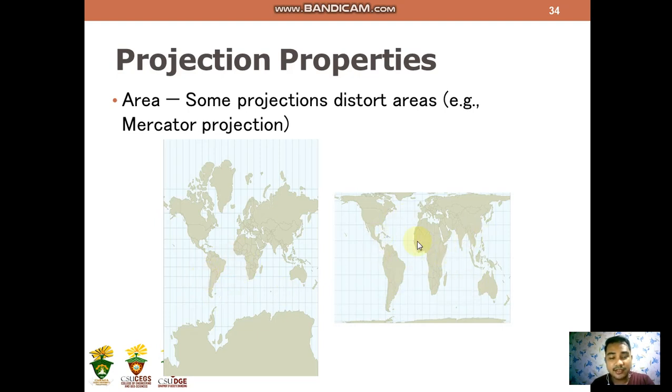Maglahi-lahi jud siya, ma-distort ang iyahang area. Kaya makita nimo mas gamay ni kaning Africa compared diri, and diri pod na part sa ilalom mas dako. I-compare diri sa uban. So ma-distort jud ang iyahang area.